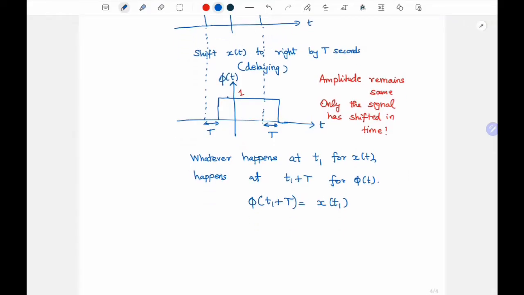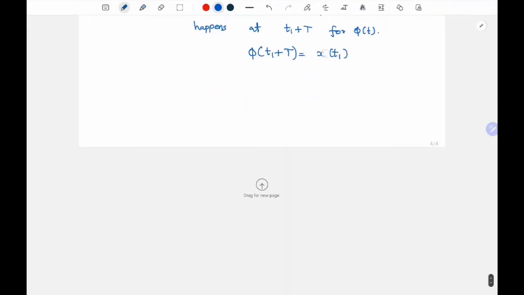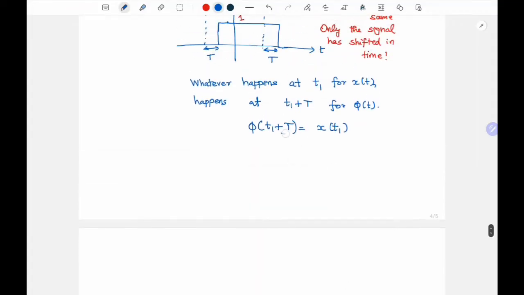But now I'm interested in representing phi of t in terms of x of t. Then what should I do? I just want to eliminate this capital T factor. So I will replace t1 with t minus capital T. Then I will have phi of t minus T plus T, and on the right hand side x of t minus T. So this T and T will cancel.